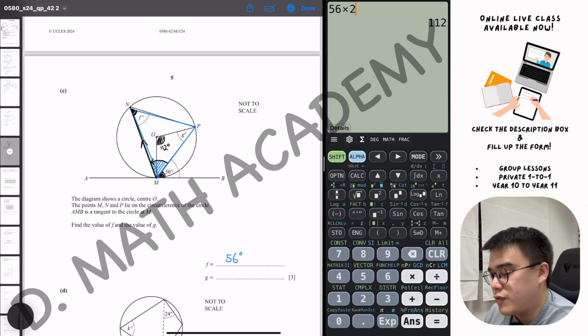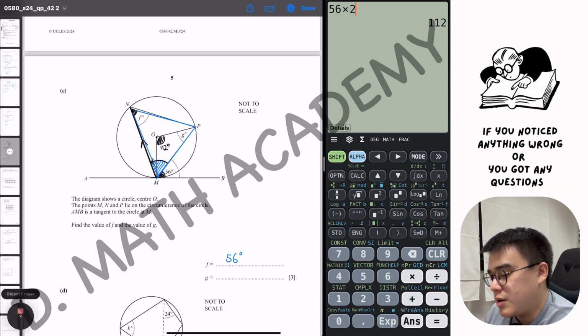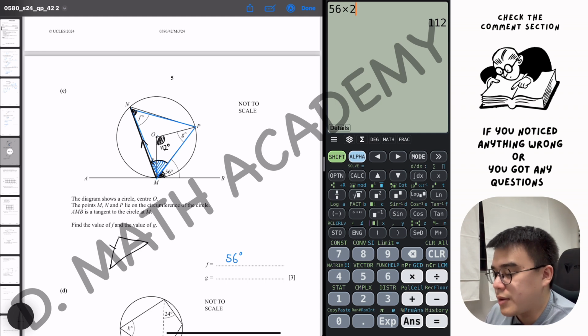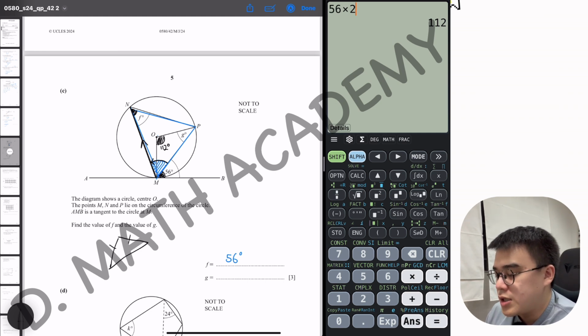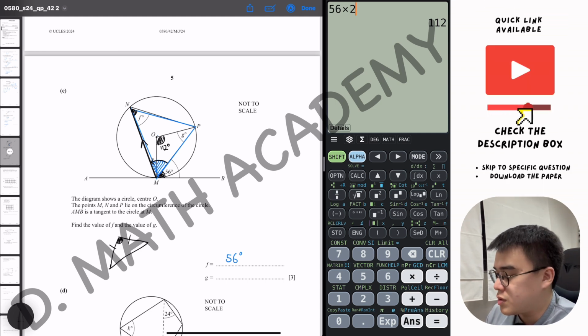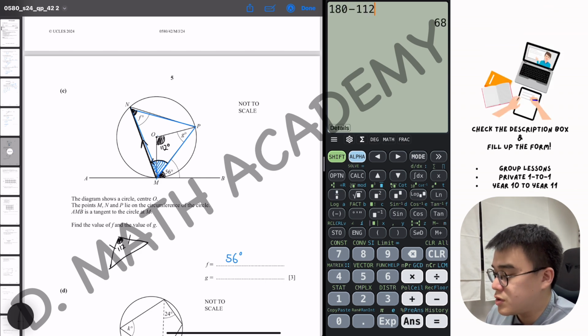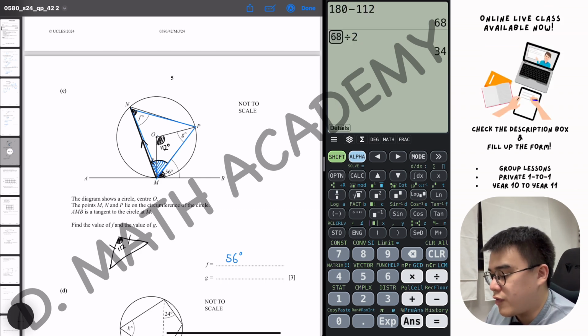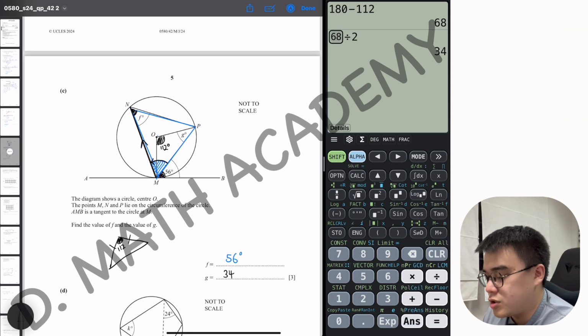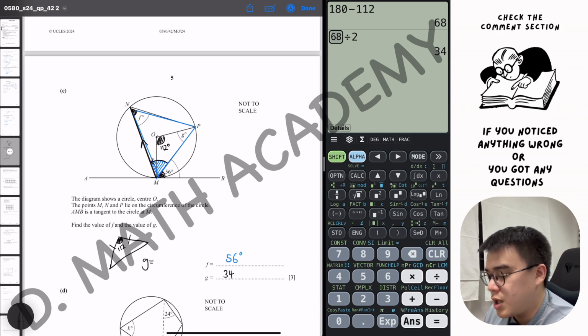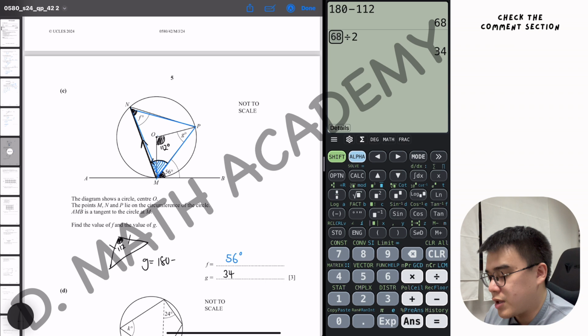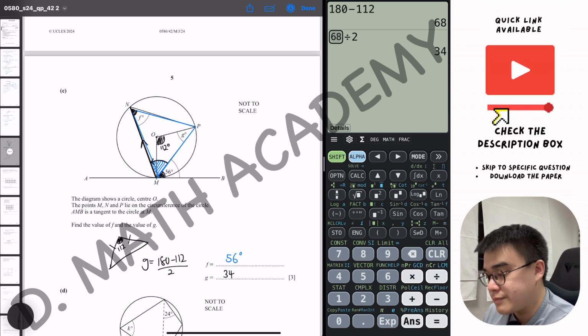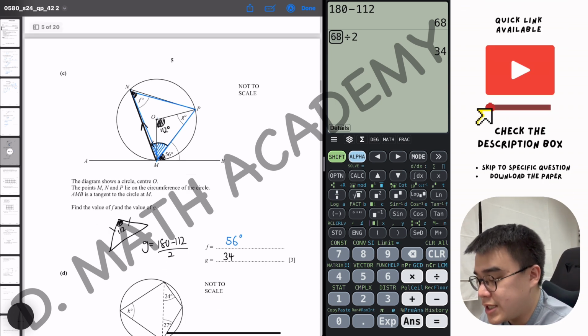So this is actually an isosceles triangle. Reason being, your OP and OM are radii. So 180 minus 112 and divided by 2, you should get 34 on each side. So G equals 180 minus 112 and divided by 2. Okay, so that's it for question C.